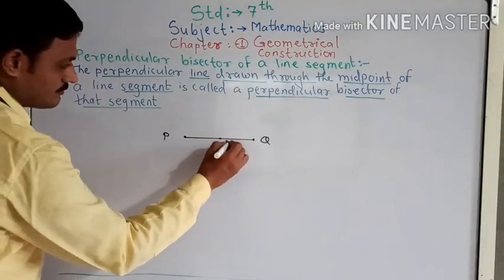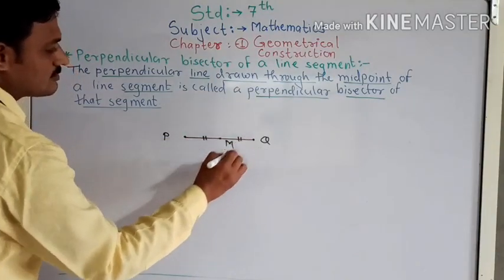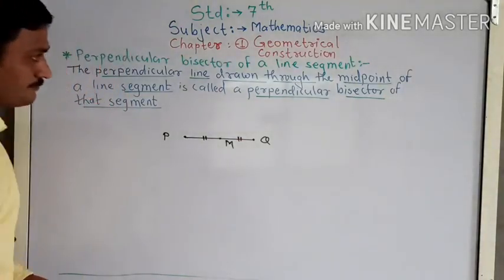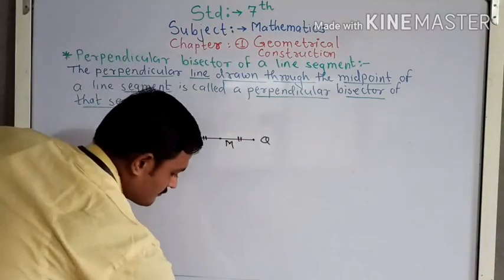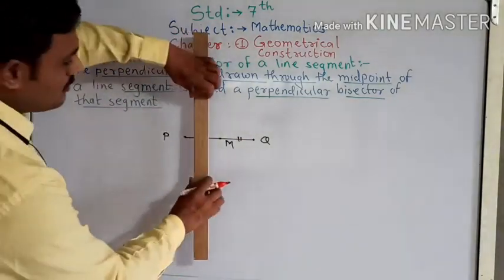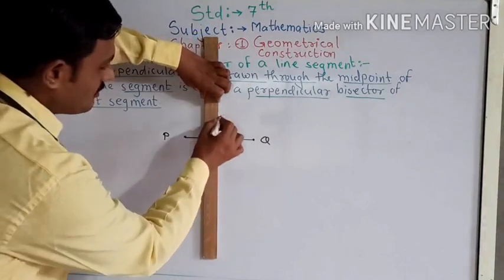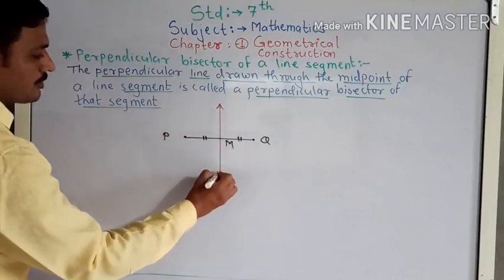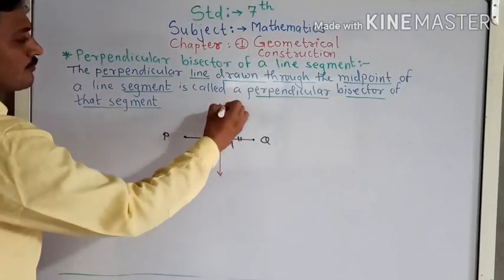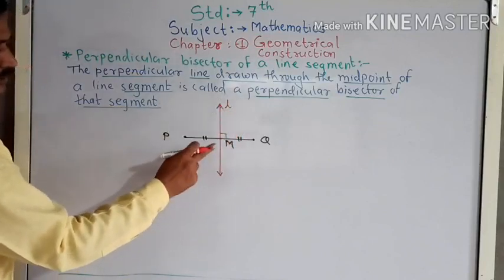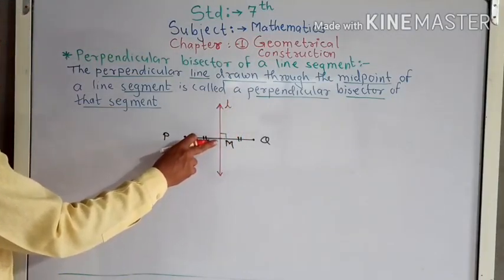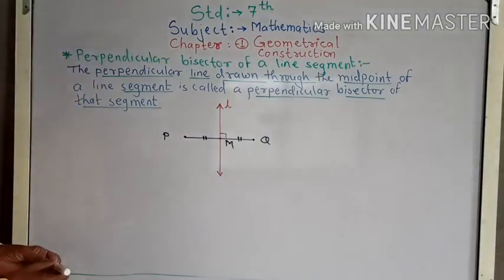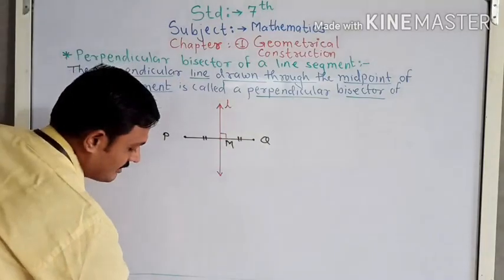This point M is the midpoint of segment PQ, and this line L is perpendicular and passes through the midpoint of the segment PQ. So this perpendicular line drawn through the midpoint of a segment is called the perpendicular bisector of that segment.